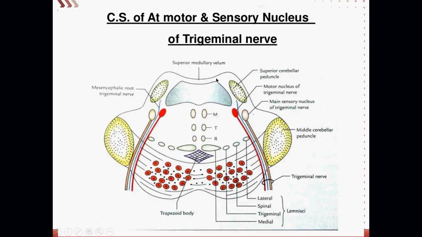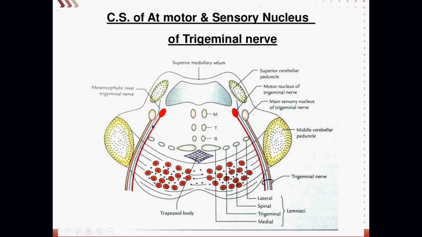The two superior cerebellar peduncles are bridged by neural tissue, known as the superior medullary velum. And anterior to the superior cerebellar peduncle, there is the trigeminal nerve nucleus.